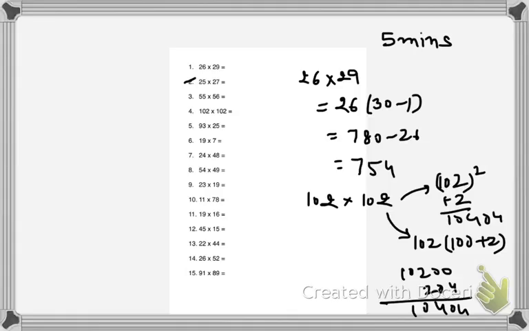So again, it is just to pick the right technique for the right question so that it makes your job easy. Now I'm telling you which questions were easy among these 15 questions. So these are the questions which were easy and could have been easily done within 1 or 1.5 minutes.